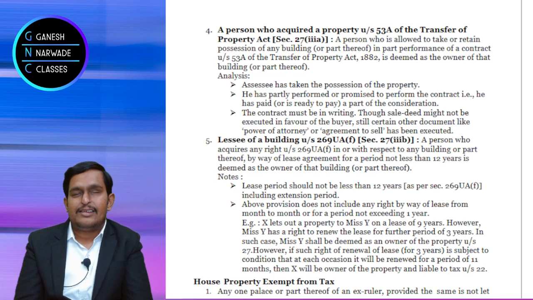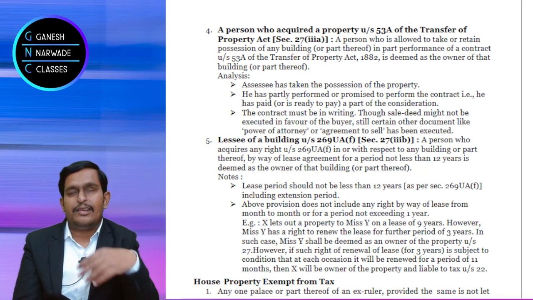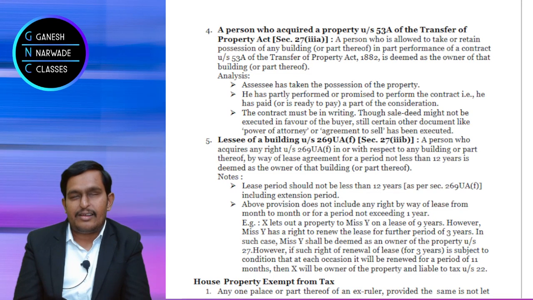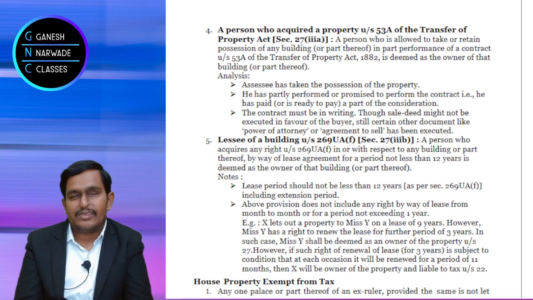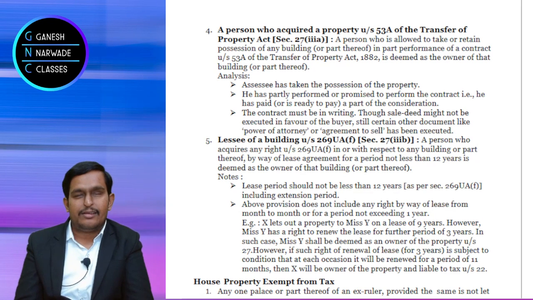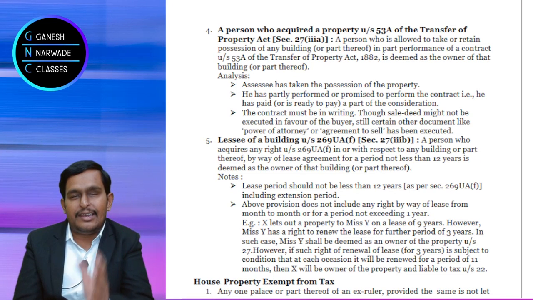And last thing, if the property is given on lease, long term rent, right, for how much time? 12 years or more, then we can say that the tenant, the lessee, is treated as the deemed owner. Now when I talk about these 12 years, it should not be monthly rent.